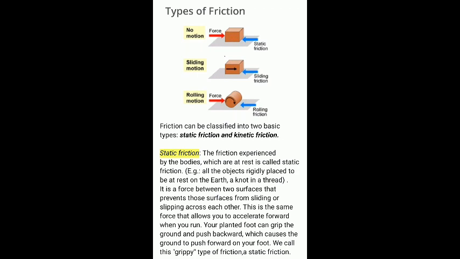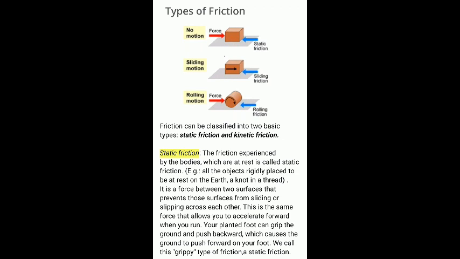Now, static friction. The friction experienced by bodies which are at rest is called static friction. Example: all the objects rigidly placed at rest on earth, all objects that are at no motion. Another one, a knot in a thread. If you put a knot in the thread, it will be at rest. It will not move anywhere after that.